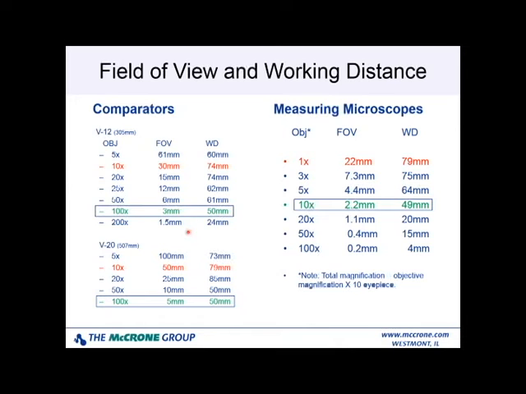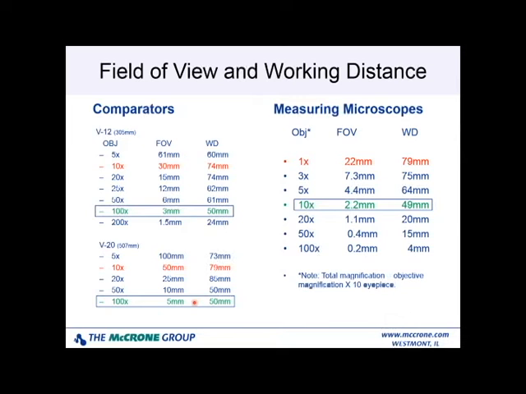If we go up to a 100x objective, again on the 12-inch comparator, you have a 3 millimeter field of view, very similar on a toolmaker's microscope at 2.2 millimeters, but again, not nearly as large as on a 20-inch comparator with a 5 millimeter screen.